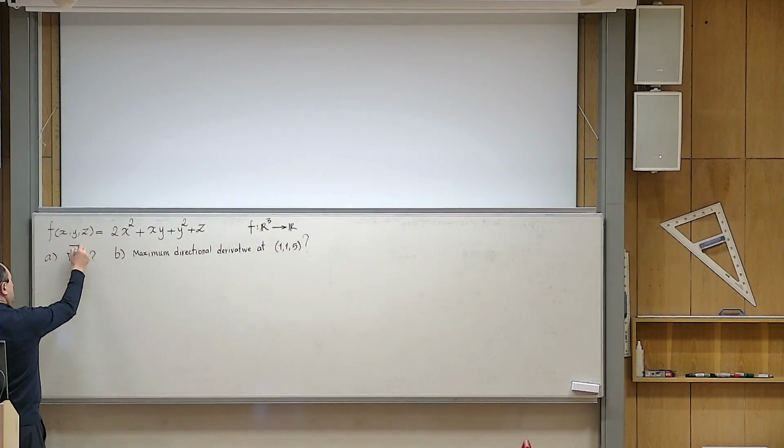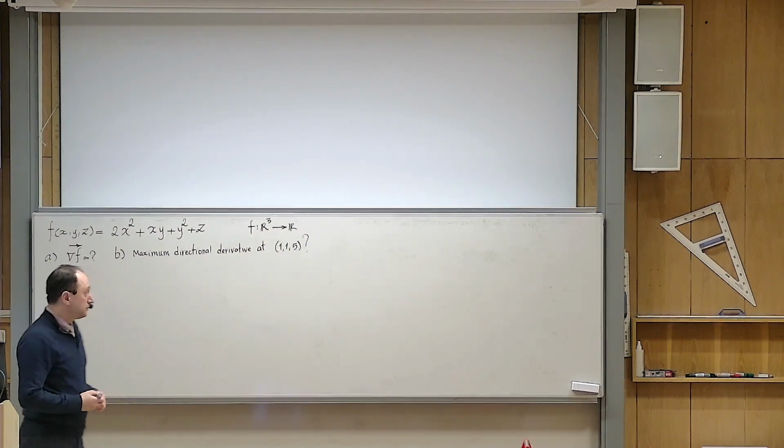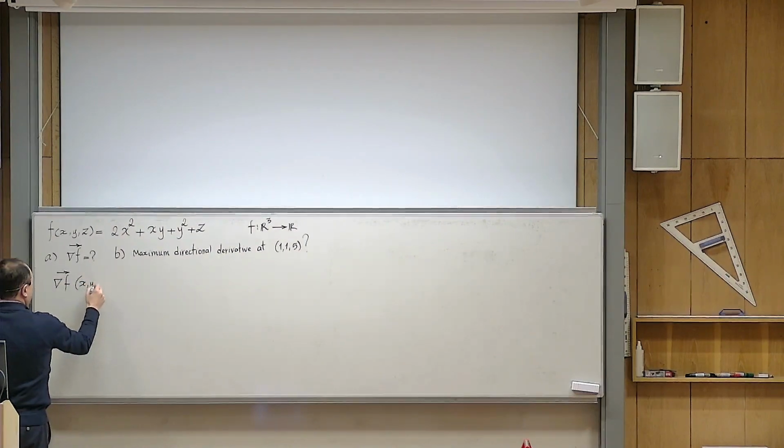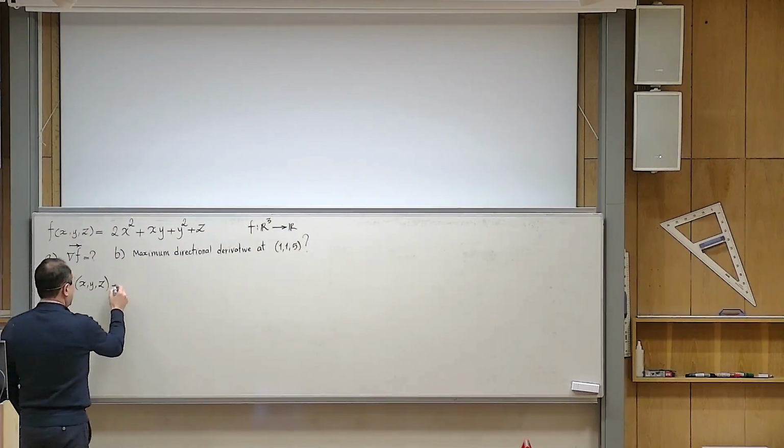Of course, it is better always to equip it with a vector, because you know that the gradient of a function is actually a vector field. So the gradient of the function f calculated at a given point with coordinates x, y, and z is defined to be this vector field.